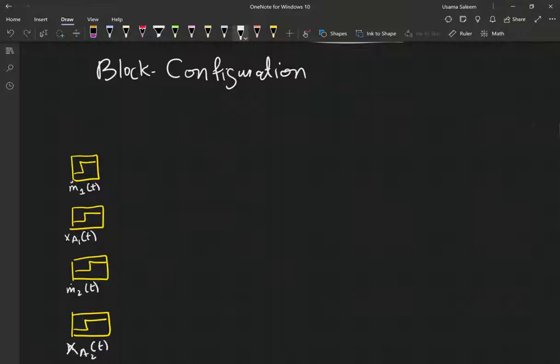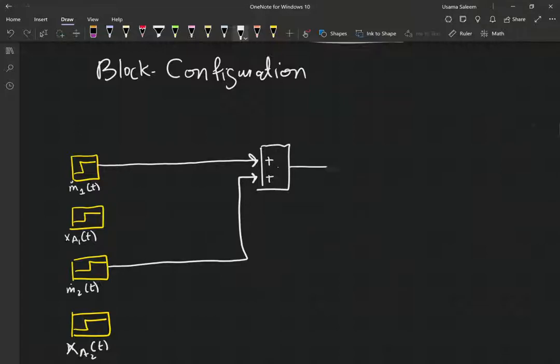So the first equation is just a total mass balance. I just need to take M1 and M2 and apply the addition operation. A simple addition operation is going to give me M3 of t. Let me highlight that in yellow, M3 of t.